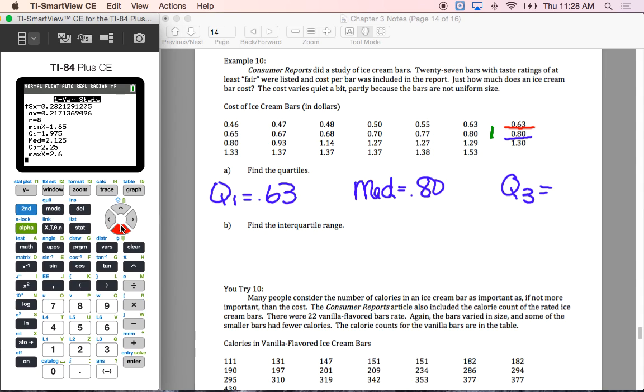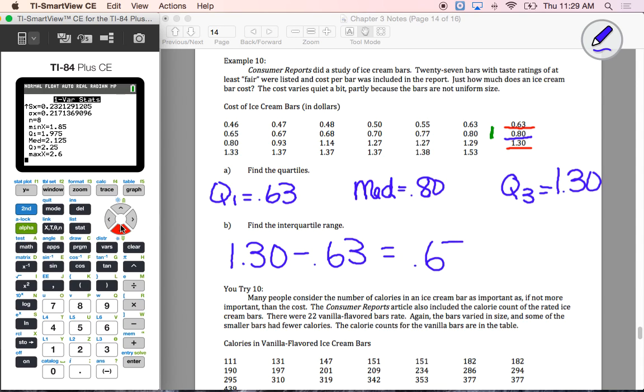When I do that, my middle number for those should be 1.30. So my third quartile is 1.30. Now for your interquartile range, we're going to take 1.30 minus 0.63, and we get 0.67. These numbers have to be in order first before you can find all those parts.